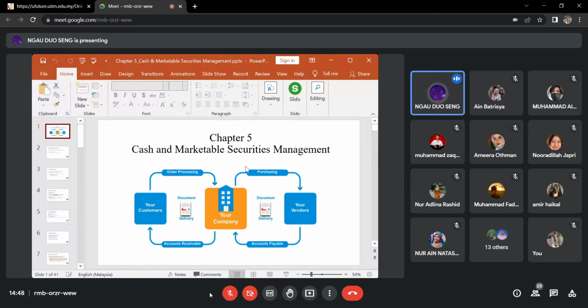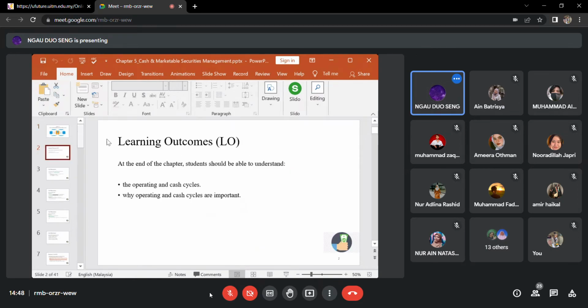All right, so we have cash and marketable security management. So the learning outcome here at the end of the chapter, students should be able to understand the operating and cash cycle, and why the operating and cash cycle are important.